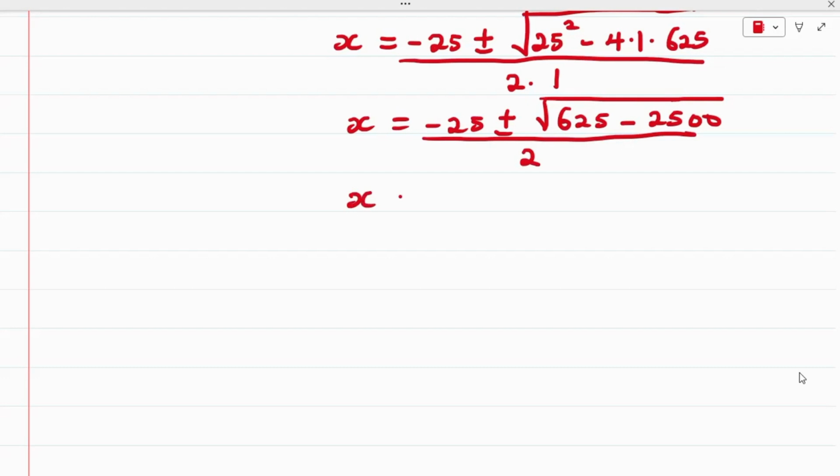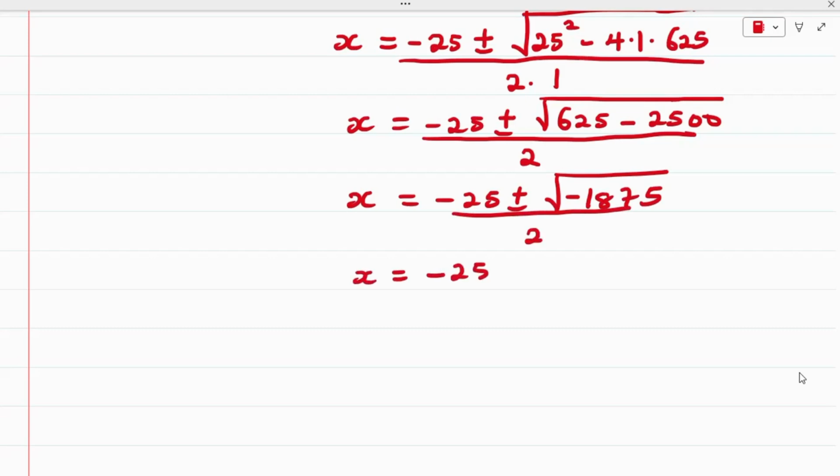So we have that x is equal to minus 25 plus or minus the square root of 625 minus 2500, which will give us negative 1875, divided by 2.